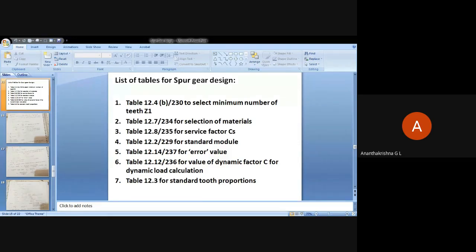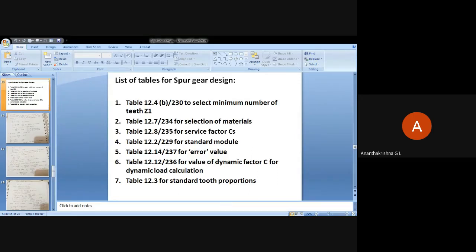Are you all there with me in table 12.12? Yes, sir. And on the right hand side on top of the table, you have got error in gauge, millimeter. Now on the left hand side, coming back to 20 degree involute, you have got cast iron and cast iron.